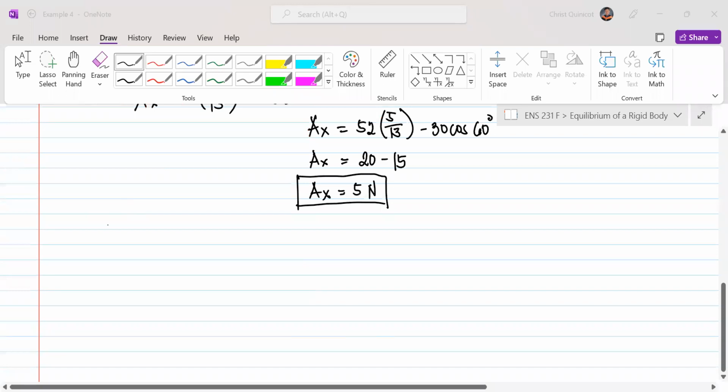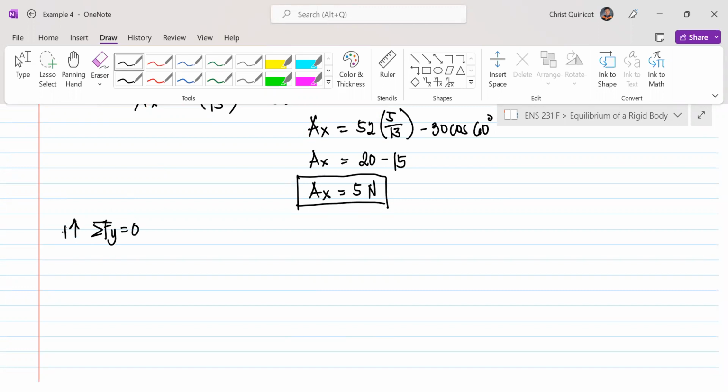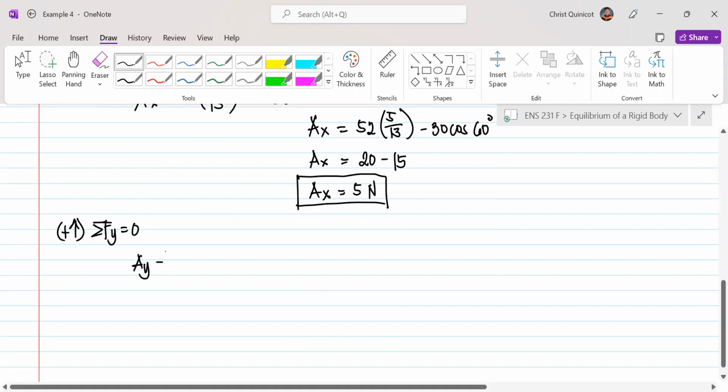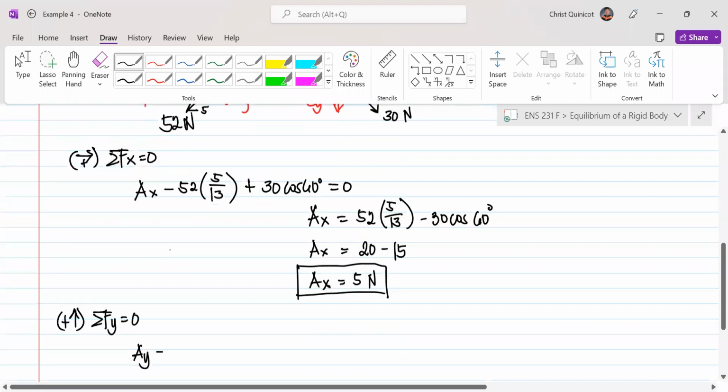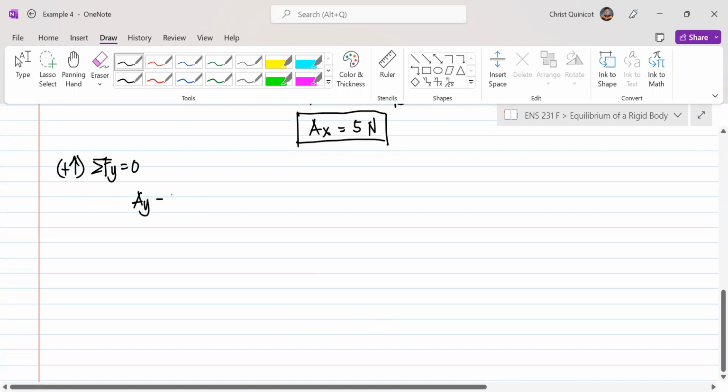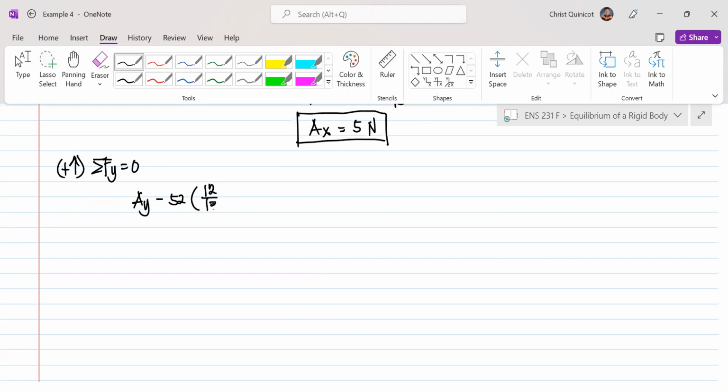Let us do summation of forces in y equal to 0, assuming upward positive. So that is A sub y minus the y component of 52, that is 52 times 12 over 13, minus our 30 sine 60 degrees is equal to 0.